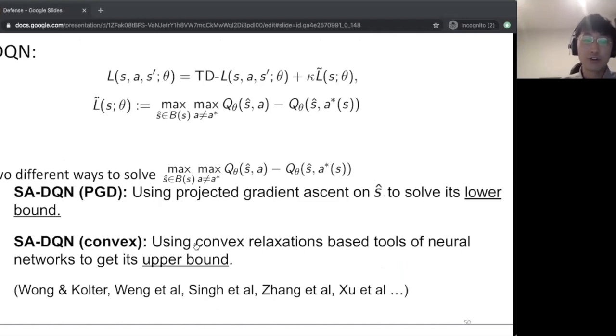The second way is to use a convex relaxation-based neural network verification tool to solve an upper bound of L tilde. Basically, these tools relax the non-linear units in the neural network, and they enable a pretty efficient analysis of the output bounds of a neural network. There are many works that provide tools to do this kind of relaxation.